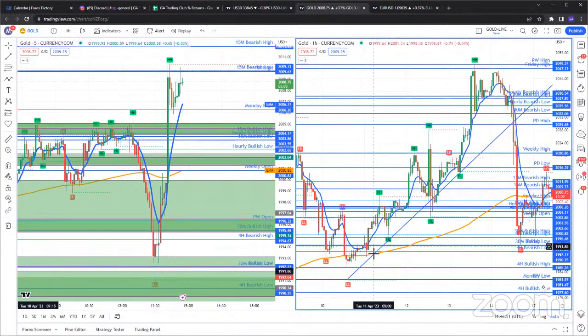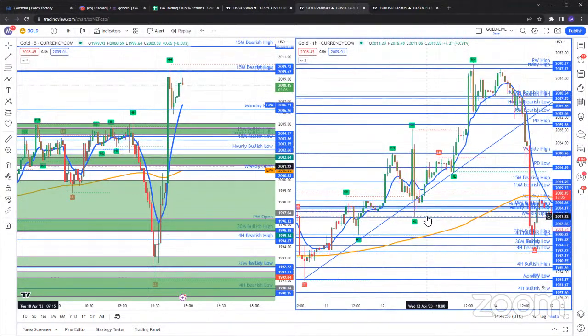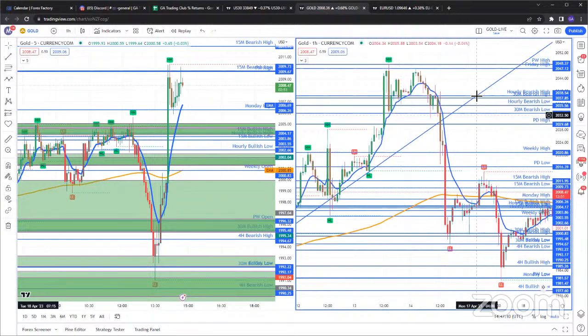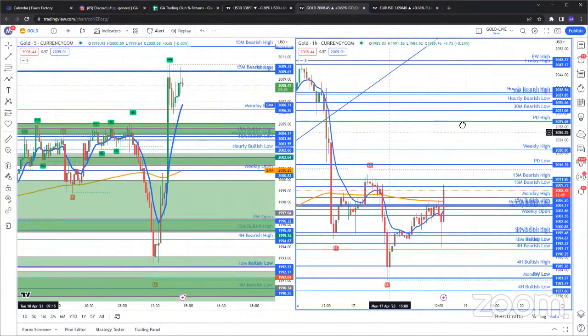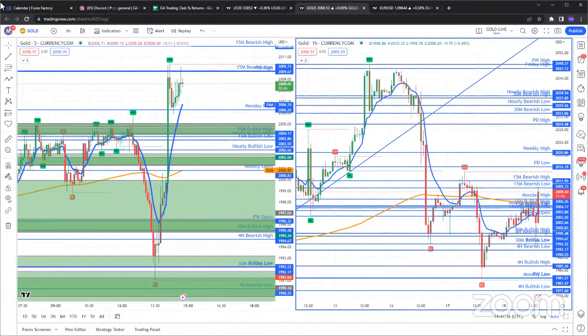Also, if I zoom in, you can see that on the hourly, price maintained on this trend line. Price tried to close below, came back up, and this hourly candle supported that price point. So this trend line right here is a strong trend line for confluence. Let's find another trend line for gold.